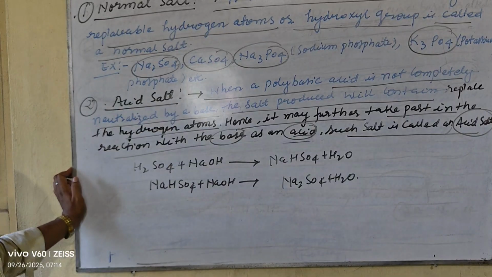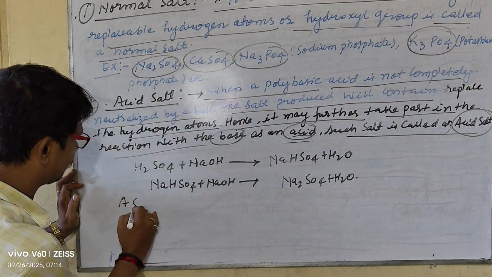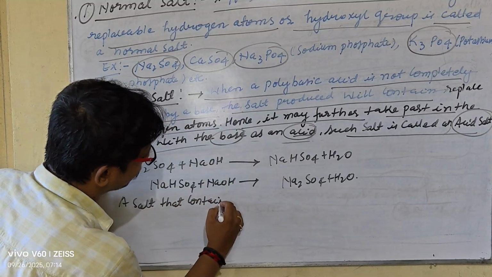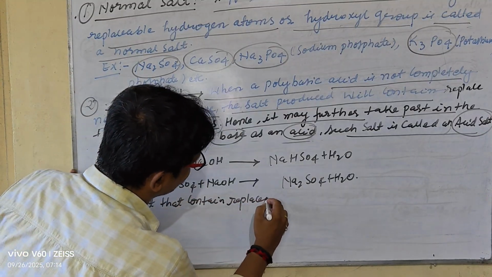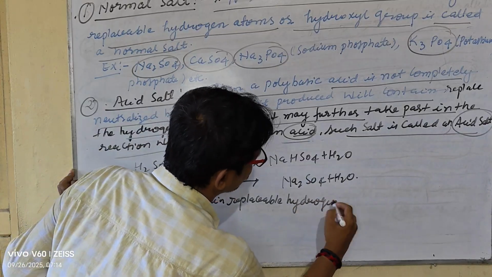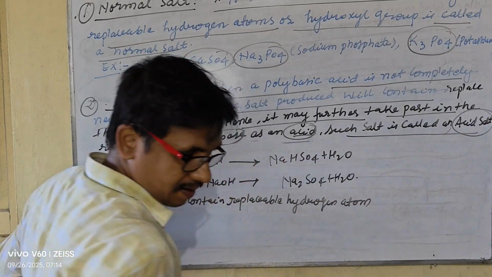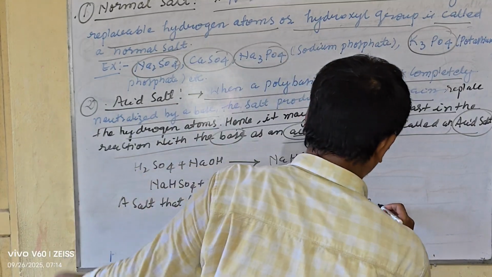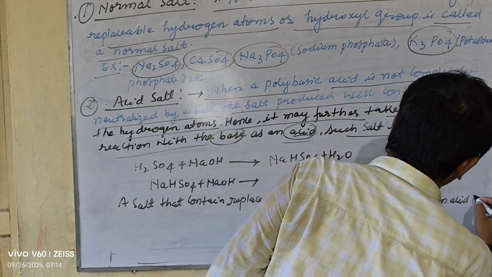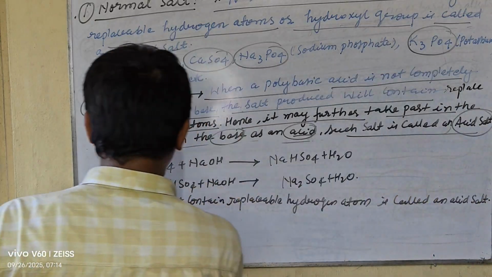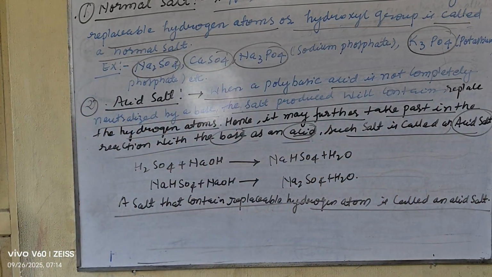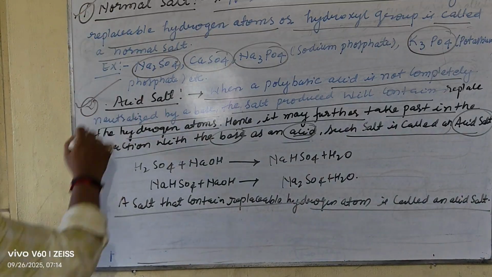A salt that contains replaceable hydrogen atoms is called an acid salt. So it is quite clear, a salt that contains replaceable hydrogen atoms is called an acid salt. This is all about the normal salt and acid salt.